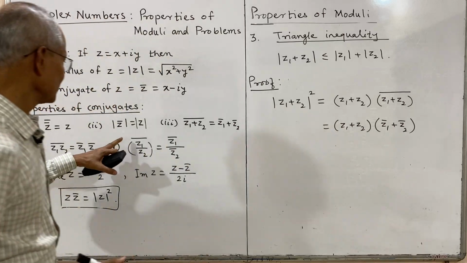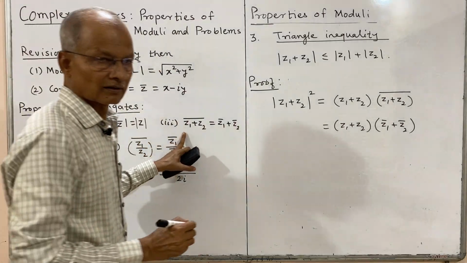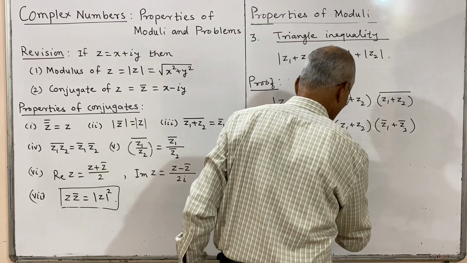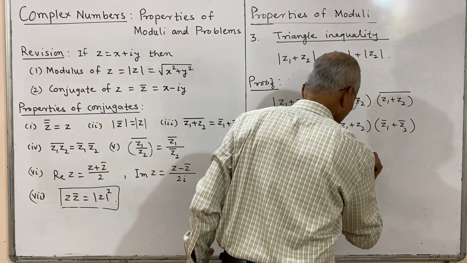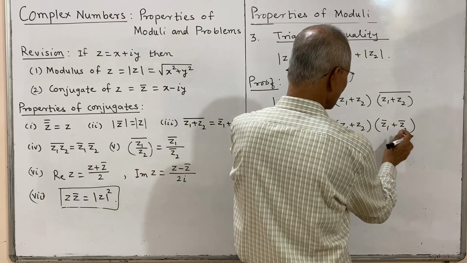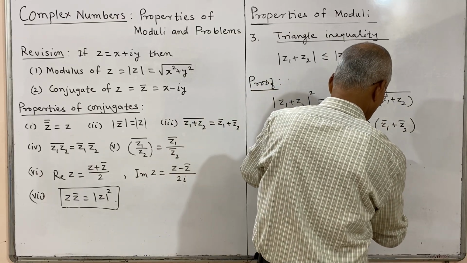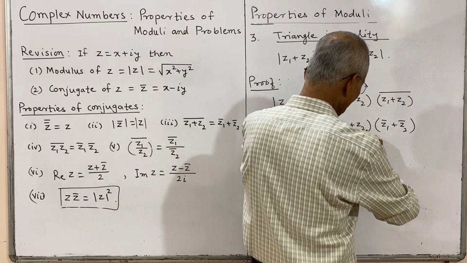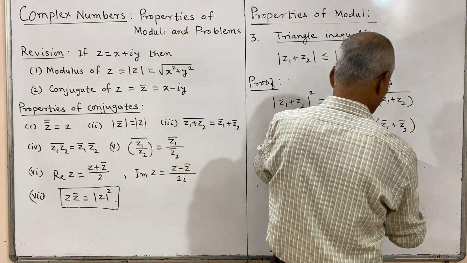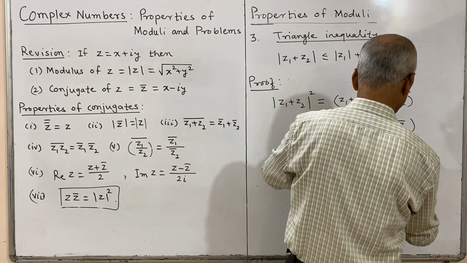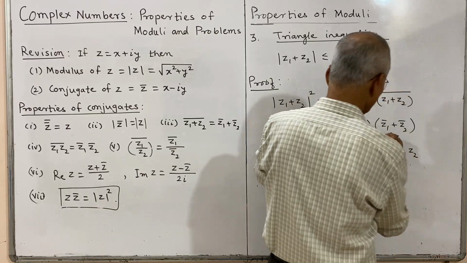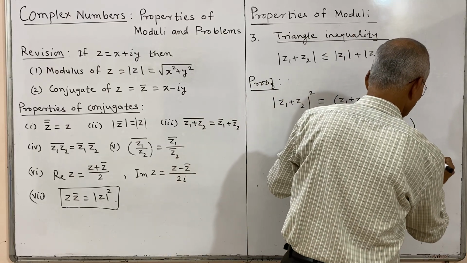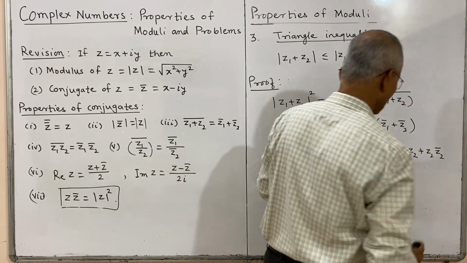Now the product is to be written as z1 z1 bar plus z1 times the conjugate of z2, and then the product of z2 with z1 bar, but that I shall write as z1 bar z2, the product is commutative, and the last is z2 into the conjugate of z2.